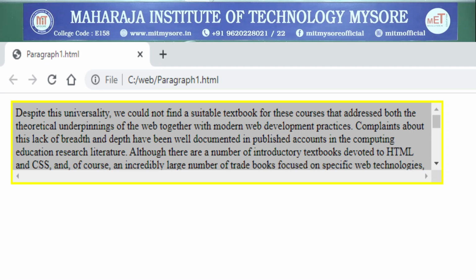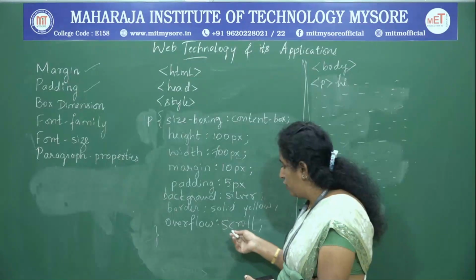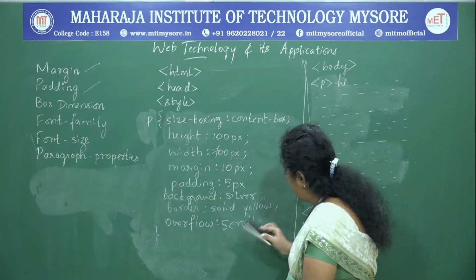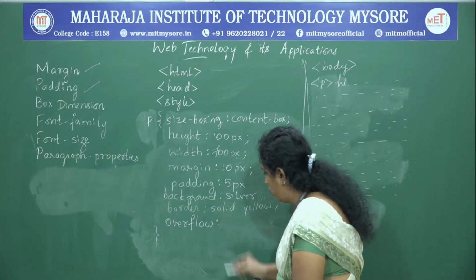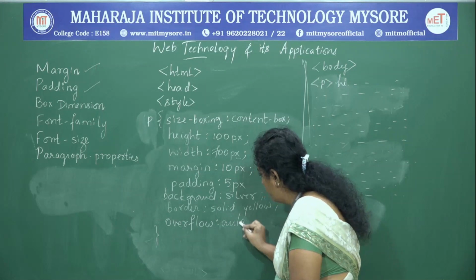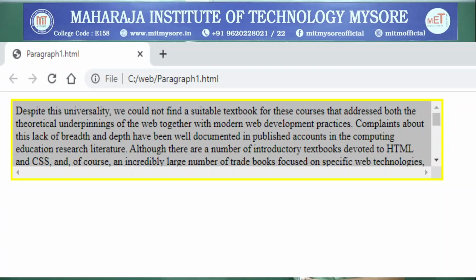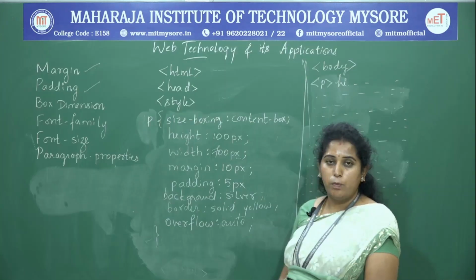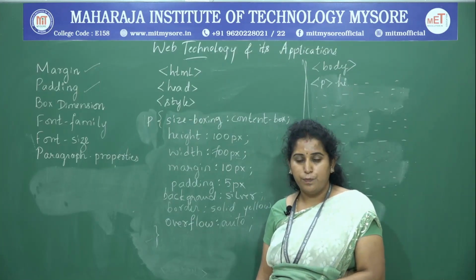You can scroll top and down, bottom. You can scroll left and right to look into the text. Okay, so this is about scroll. Likewise, there is one more value called auto, which is similar to scroll only. Okay, so this is all about box dimension.